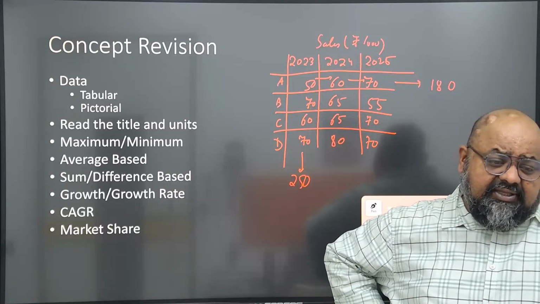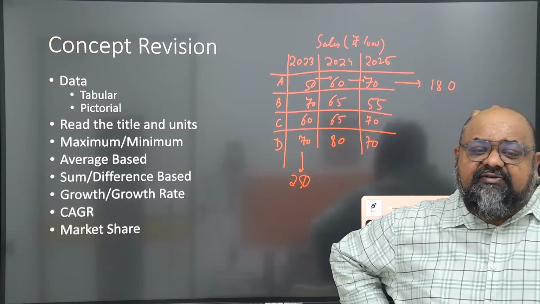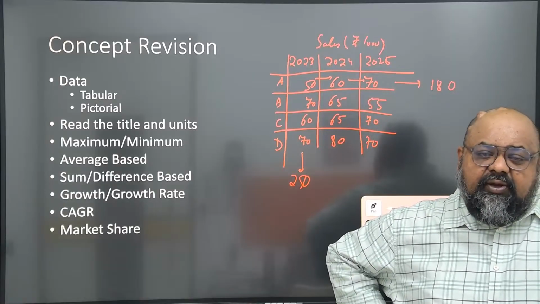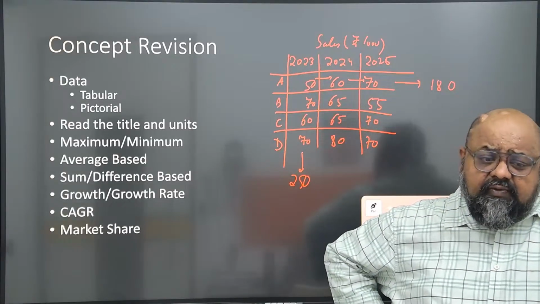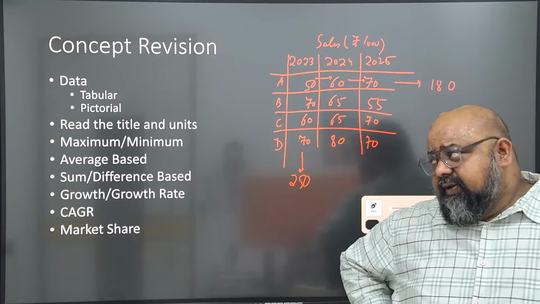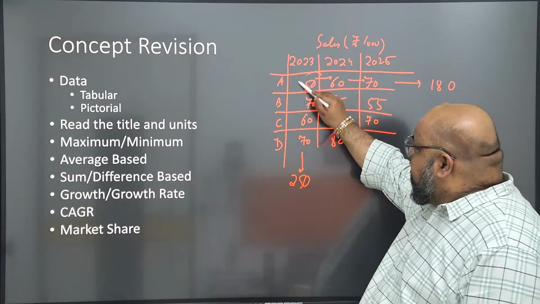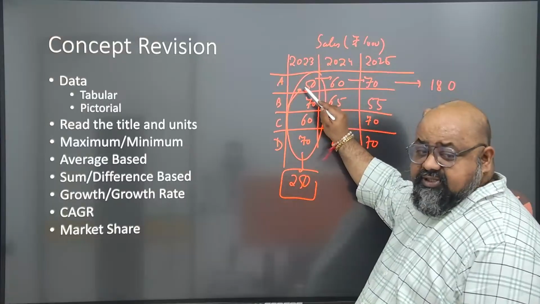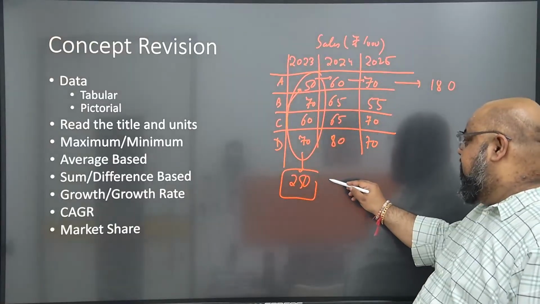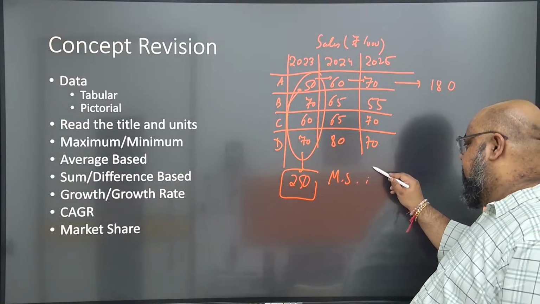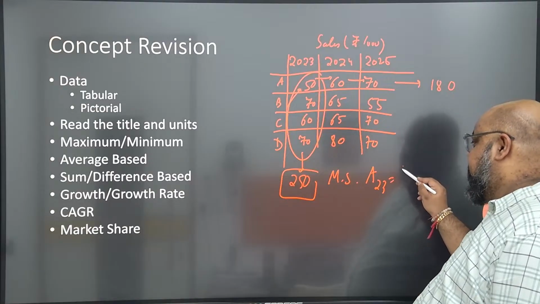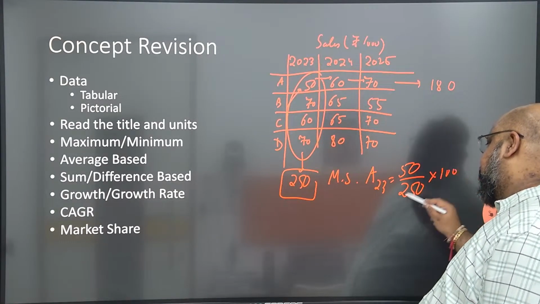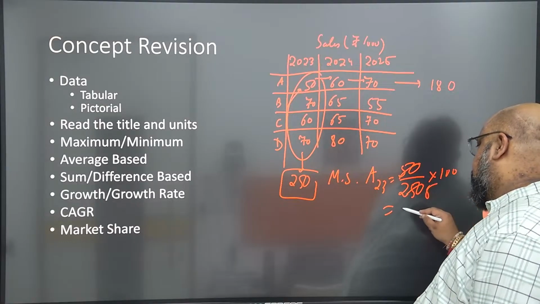Market share, as the name suggests, is the percentage of the total that the product represents. So if I ask, in the year 2023, what was the market share for A? I know that in 2023, the total market size was 250, out of which 50 was A. Therefore, the market share for A in 23 would be the sales for A upon the total market, as a percentage: 20%.